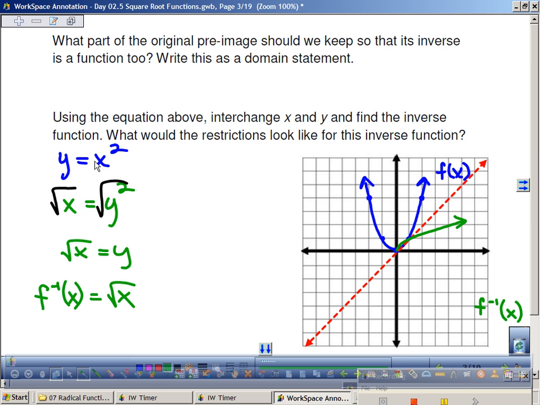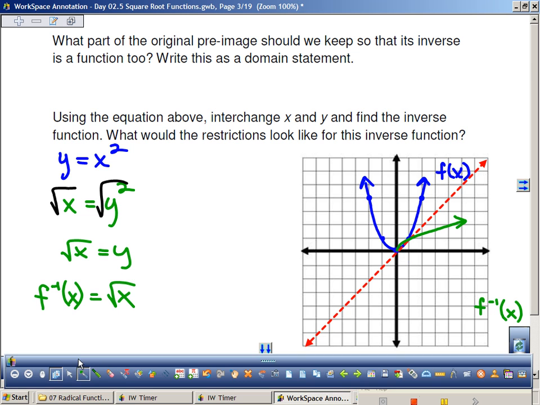And I think the last thing we were talking about yesterday was which part of this graph I would have to erase in order to get that square root function right there. I think we decided on the negatives, right? Because this is the negative part of the graph, and this is the negative part of the graph.